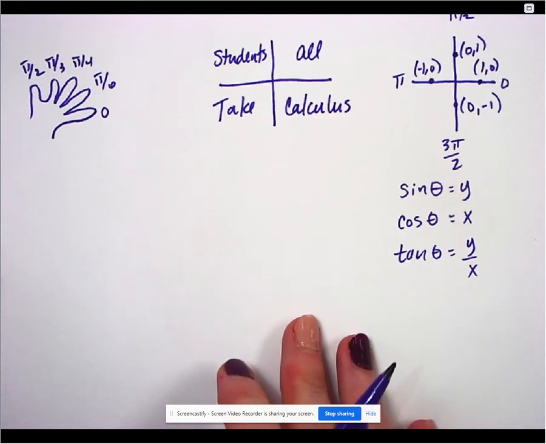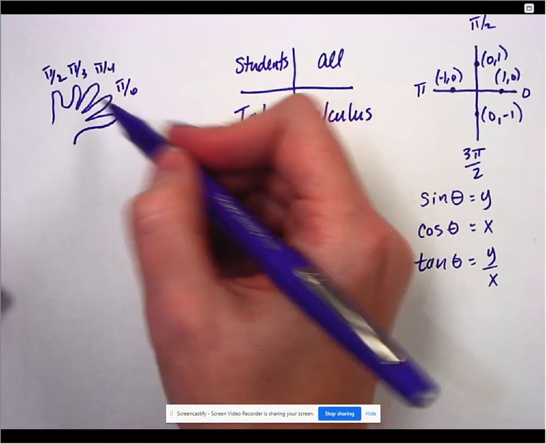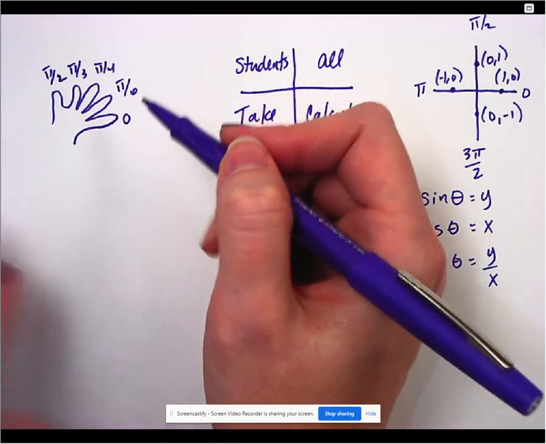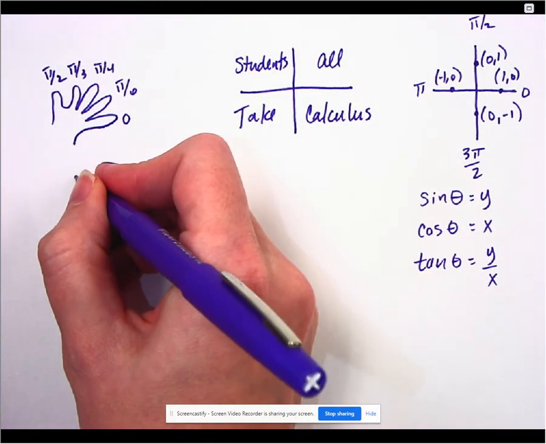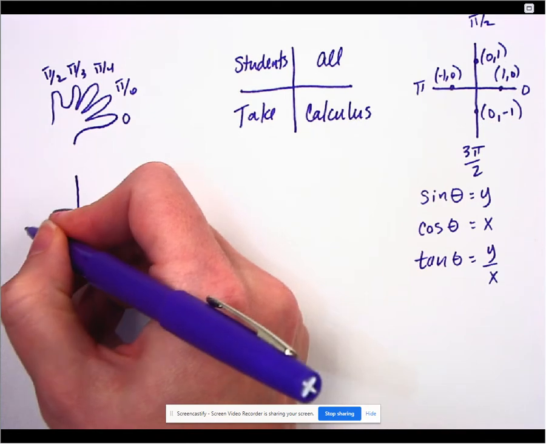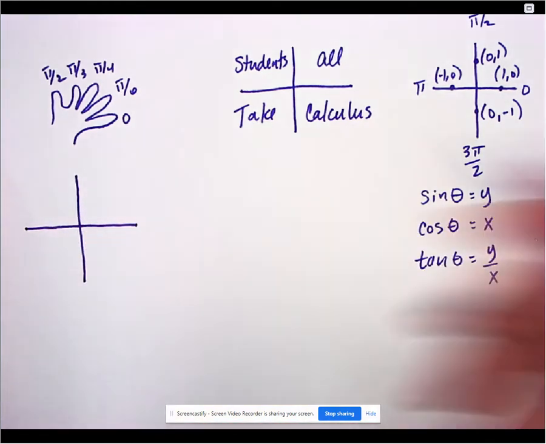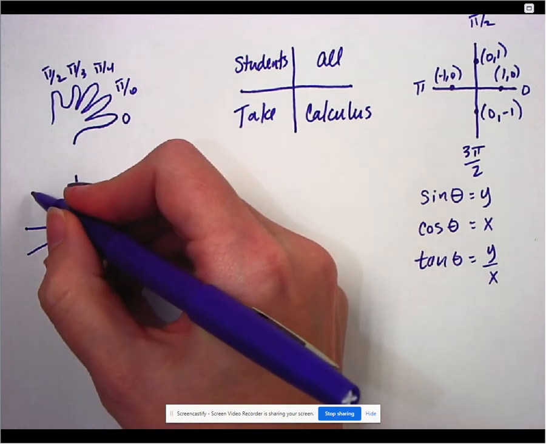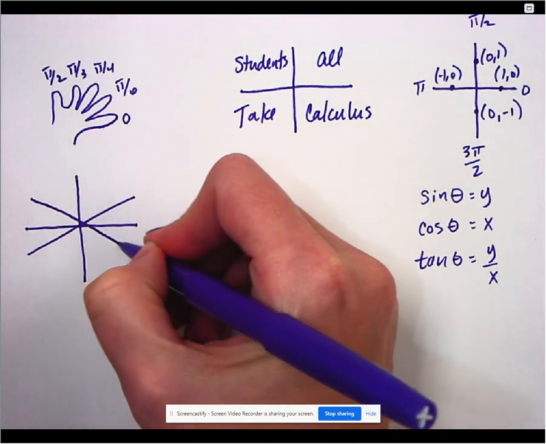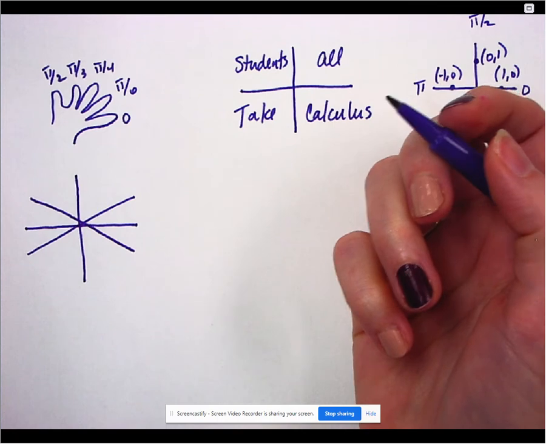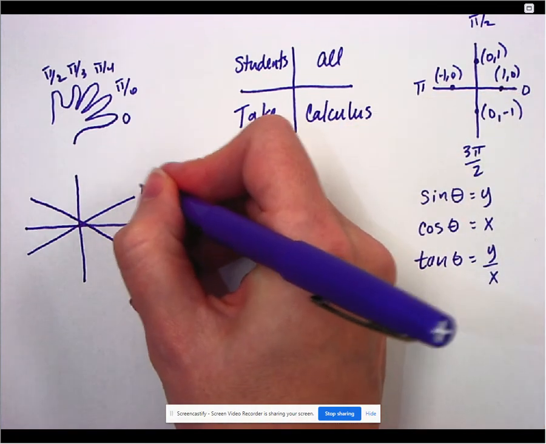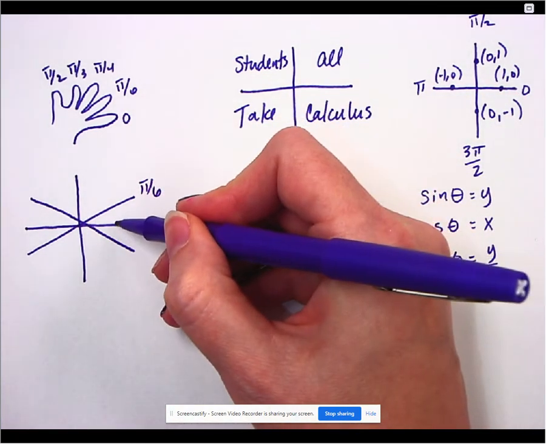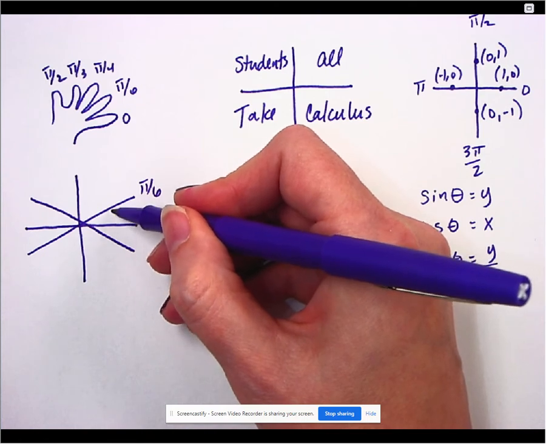Okay, and then we also need to know these special angles in other quadrants. So let's start with pi over 6. Okay, so there's a quadrant plane, and then we'll draw like a little X. We'll say it's about pi over 6 corresponds with 30 degrees, so that's close. So this angle is pi over 6 because we rotate pi over 6 from the x-axis.